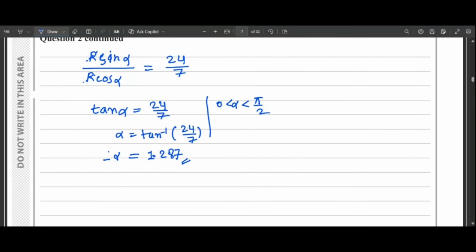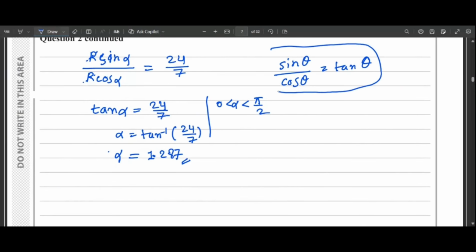To calculate the value of alpha, we have used the identity that sin theta divided by cos theta is equal to tan theta. We have used this identity for this question.